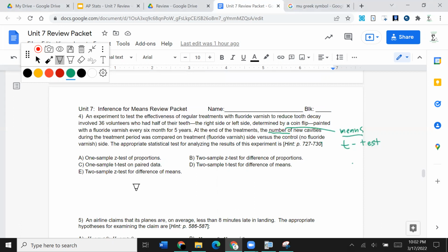So it's going to be a t-test, but since this is a right versus left side of the same person, this is the classic matched pairs. So it's going to be a paired t-test. So t-test, you can rule out the z's. And it's not a difference in means, it's paired data, matched pairs data. So it's going to be C.